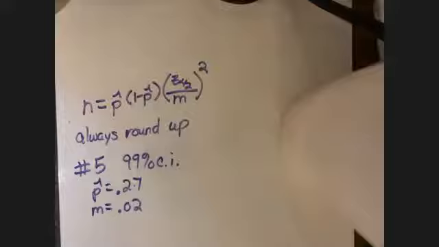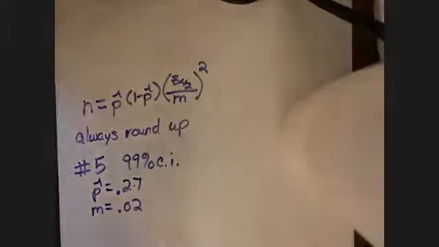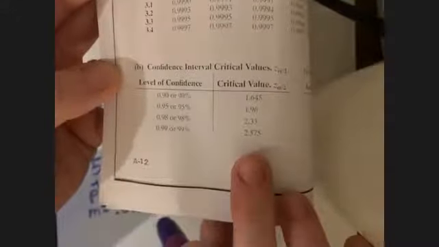Now then, again, I can cheat and look, and I'm going to try and bring this up into camera for us without having to move stuff around. Okay, for that 99% confidence interval, we're going to use that 2.575 value. Okay, so z sub alpha over 2 is 2.575. Okay.